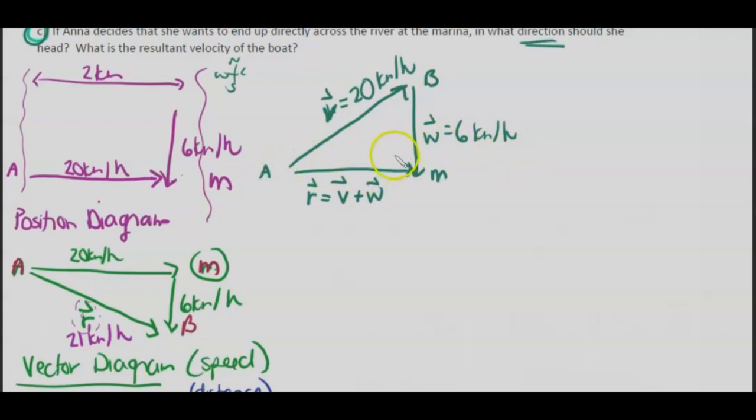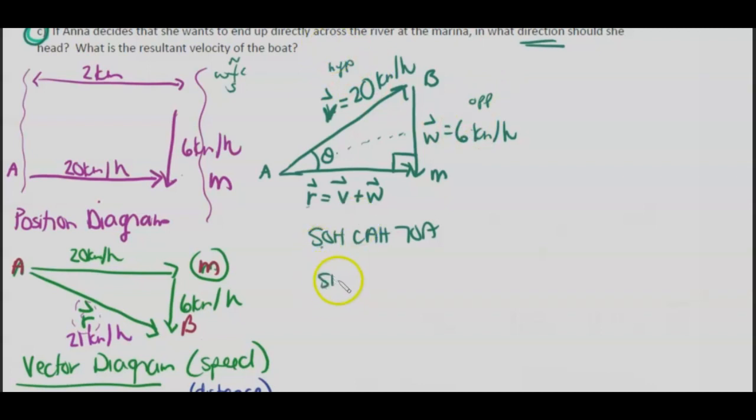If we were to think about this, we can solve for the velocity of the resultant, which is Pythagorean's theorem, and we can solve for this angle. What angle should she set out at? We can solve this just by SOHCAHTOA. We have opposite, which is 6, and hypotenuse, which is 20.